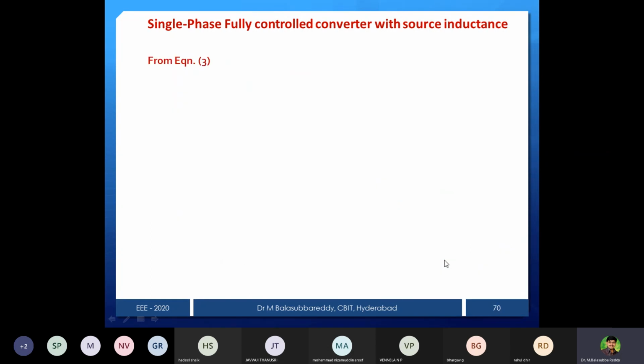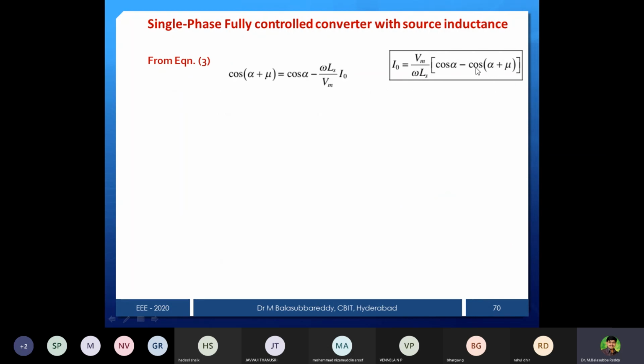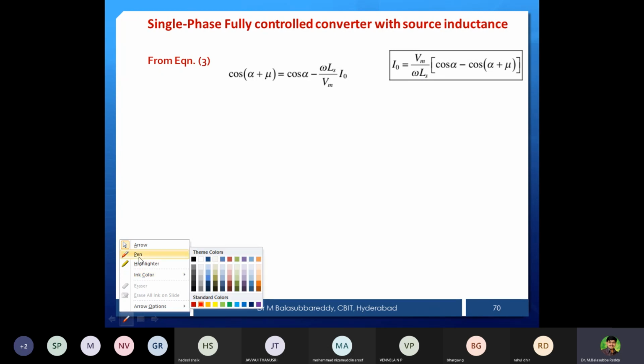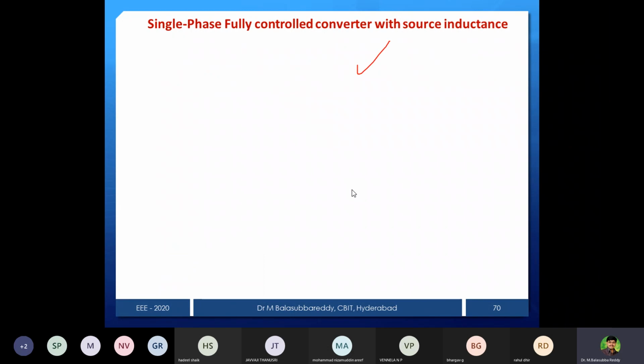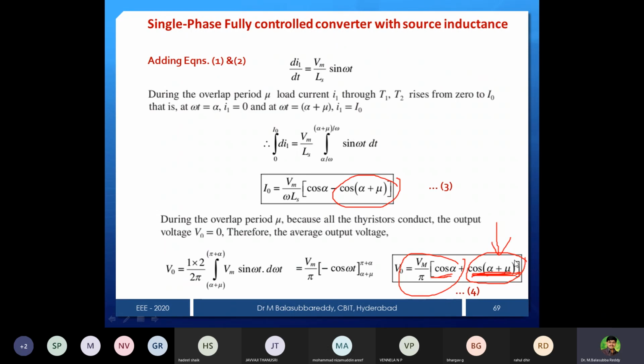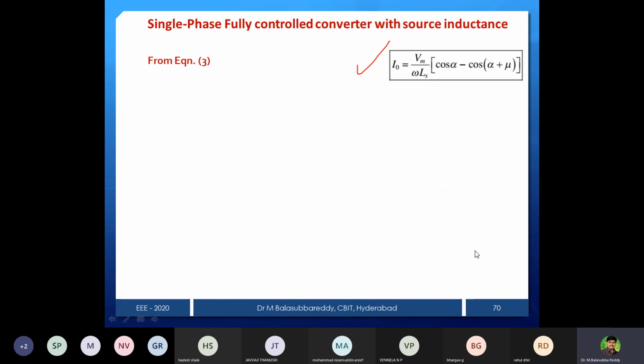You can see here from equation 3, this is the equation 3 expression, and from this cos of alpha plus mu is equal to cos alpha minus omega Ls by Vm into I naught. Where I have to substitute this equation, you can substitute it in equation 4, because in the previous equation I want to remove this, that's why replace that by this one. So now you substitute in equation 4.